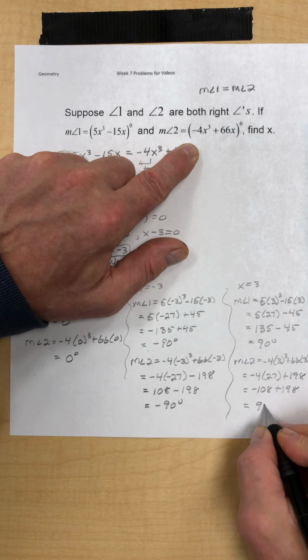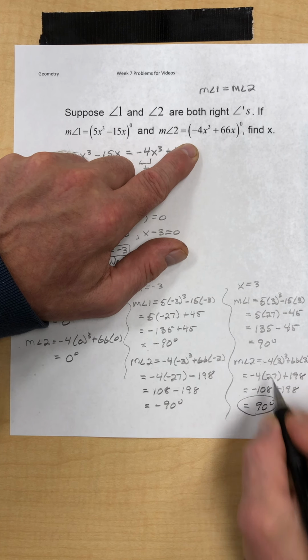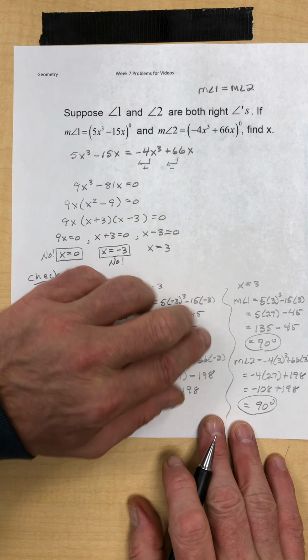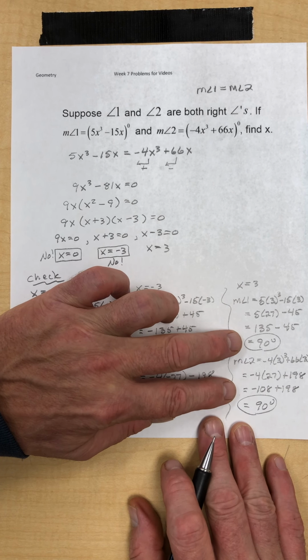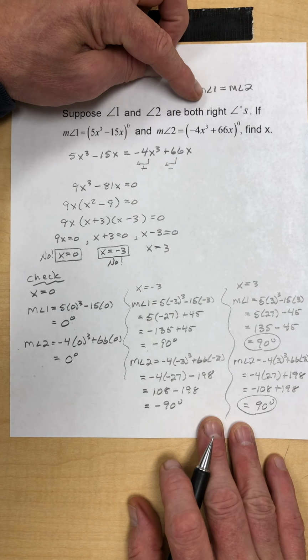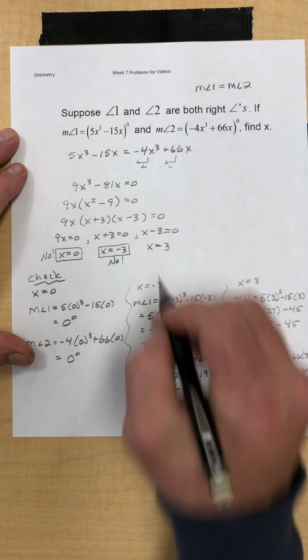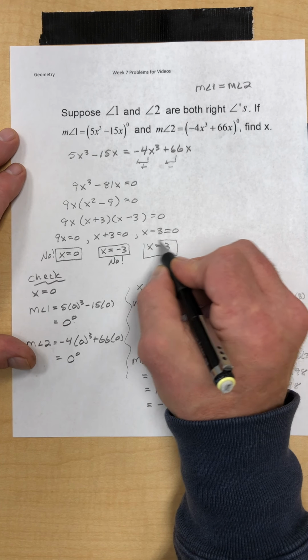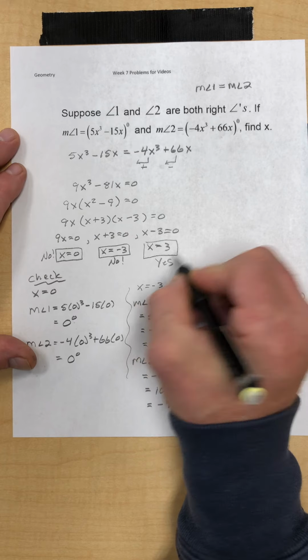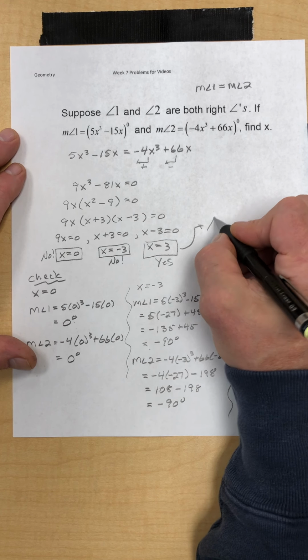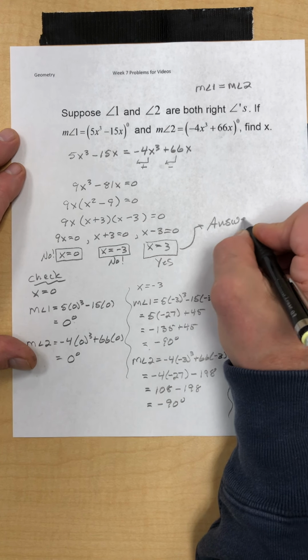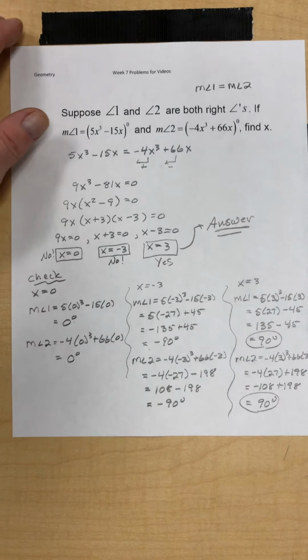That's 90 degrees. Now not only are angle 1 and angle 2 congruent, but notice they're both 90 degrees, which means they're both right angles. So our only answer is x equals 3. That's the only guy that makes any sense.